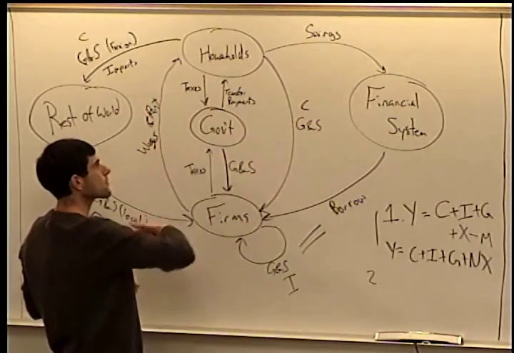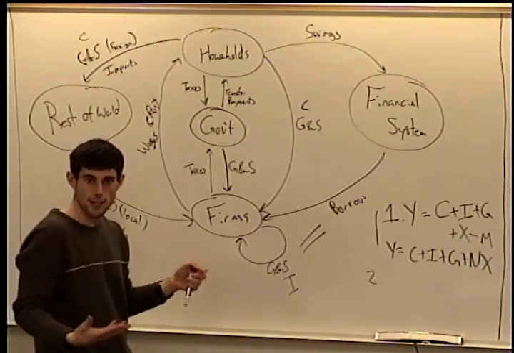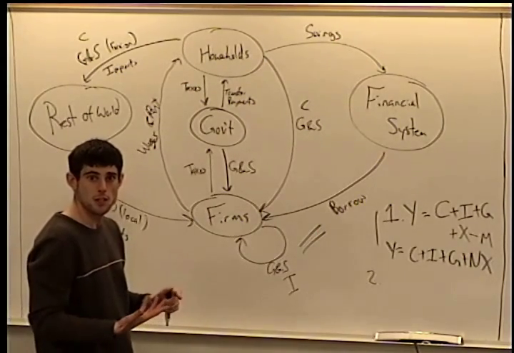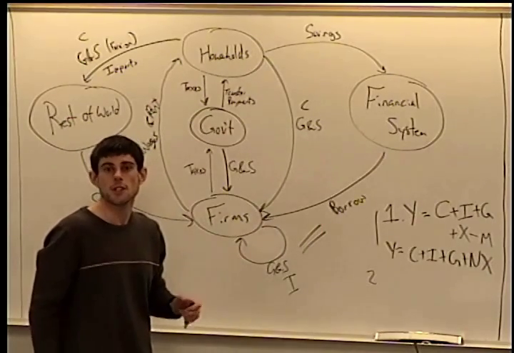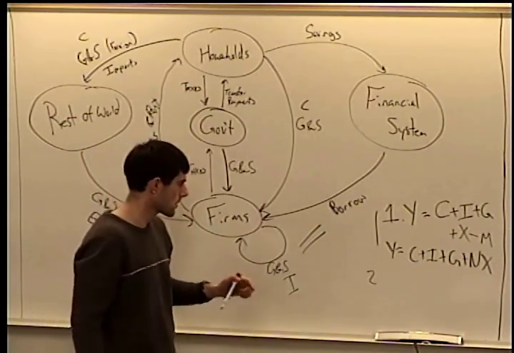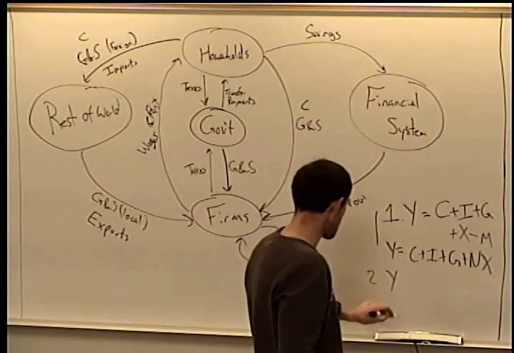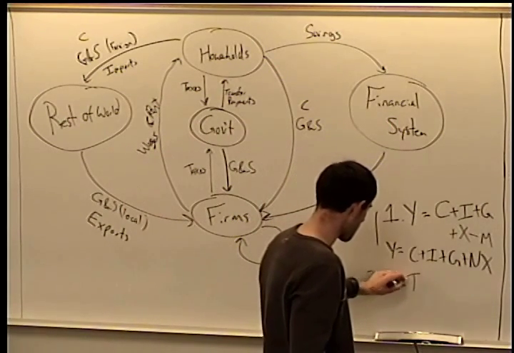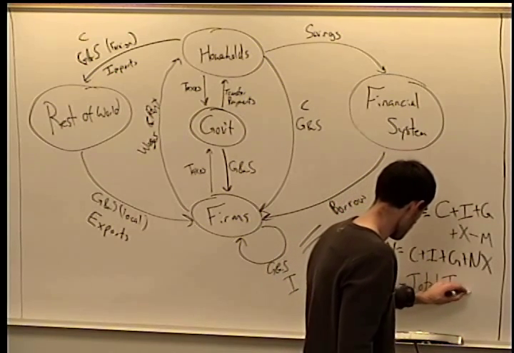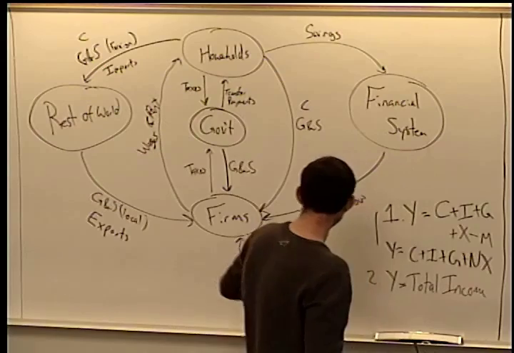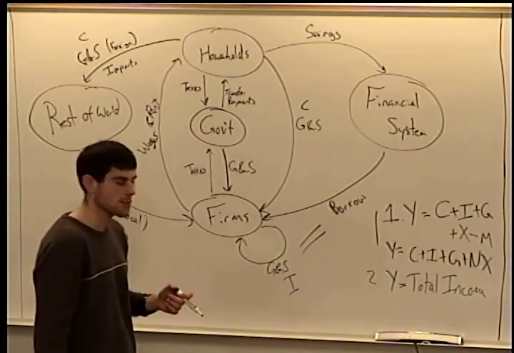So overall, money flowing through the economy, or a measure of income tax statements, is going to be equal to the value of all goods and services produced in the US. So GDP equals total income. And we find that from this circular flow diagram.